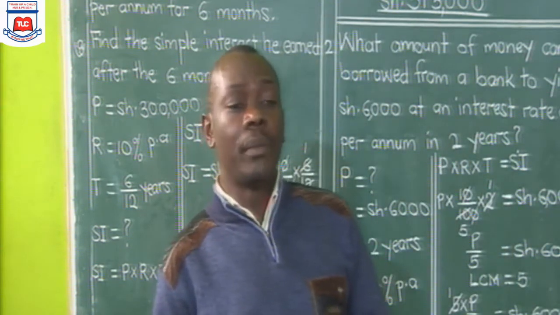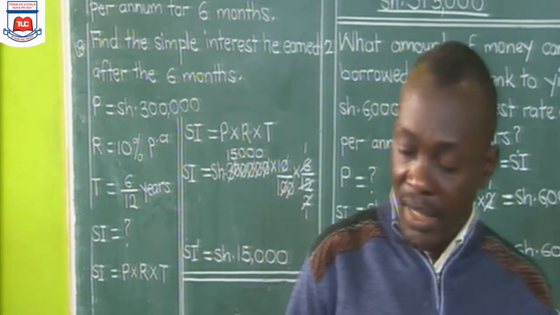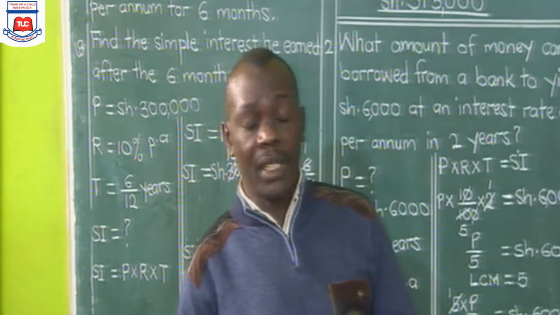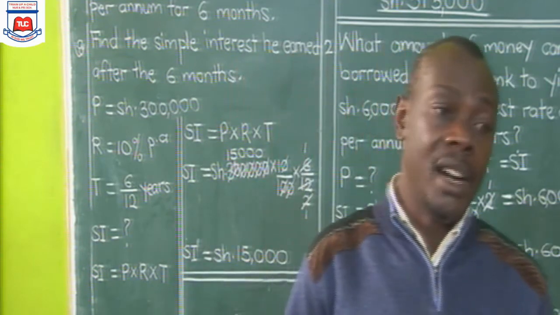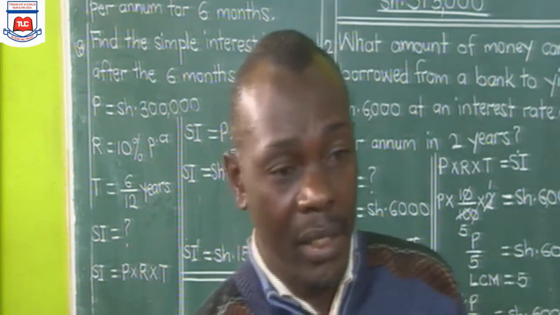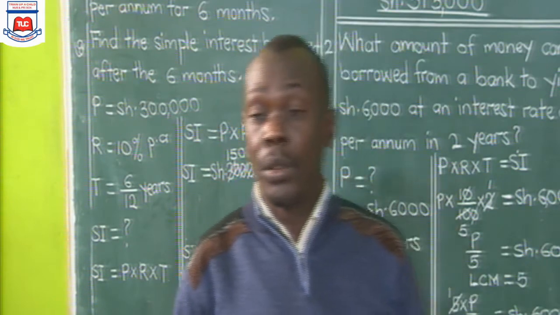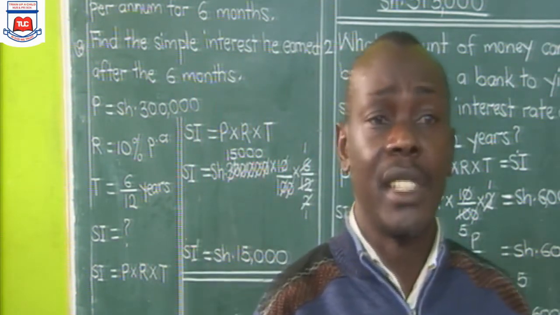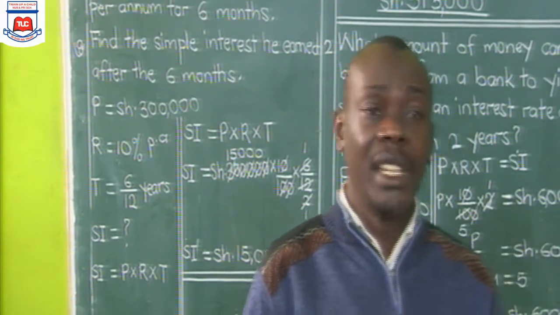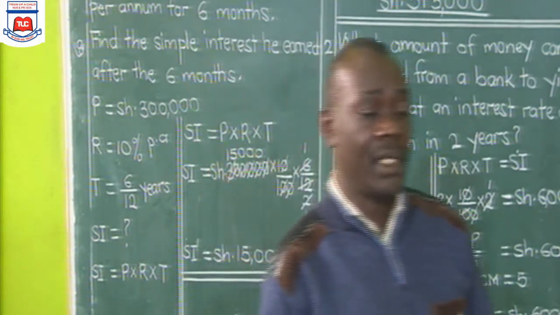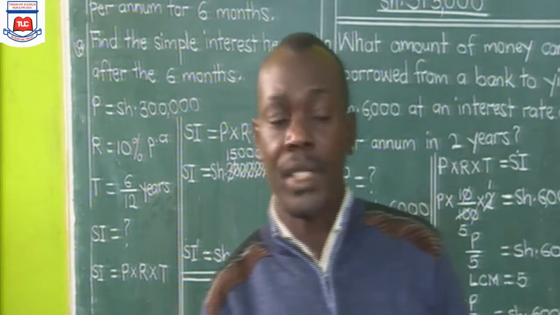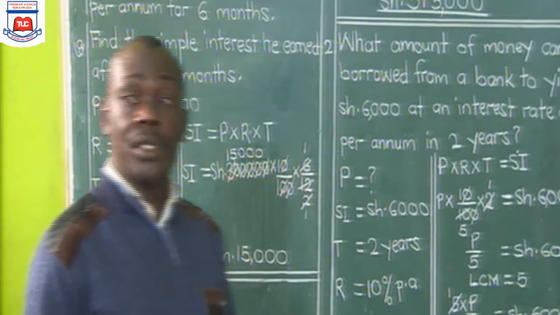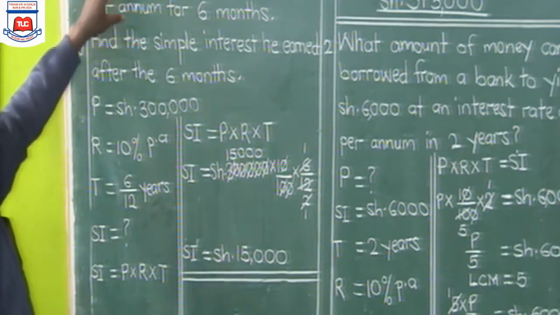That added amount of money is what's called interest. Likewise, when one goes to the bank and borrows some money, in terms of a loan, when returning that money, he doesn't return that particular amount, he adds on some extra. It's also called simple interest. So those are the two kinds of simple interest.